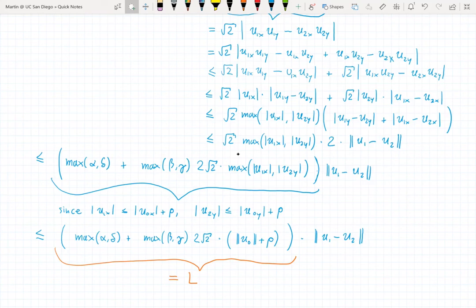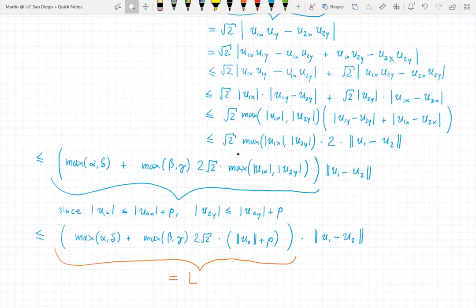And I can factor out these two factors and bound this from above by square root of 2 times the absolute value of u1x times the difference u1y minus u2y plus square root of 2 times the absolute value of u2y times the absolute value of u1x minus u2x.